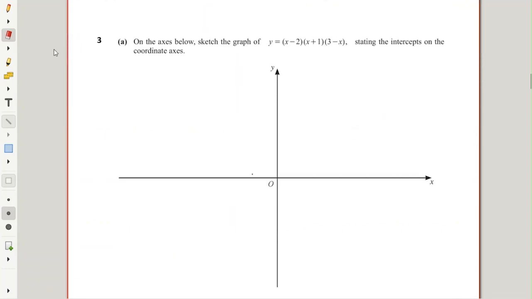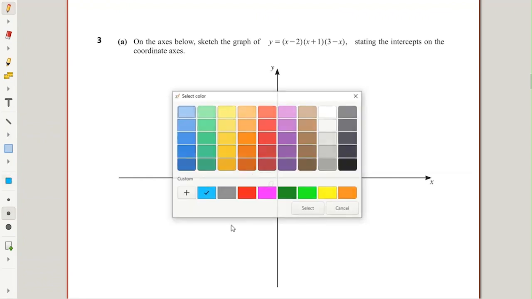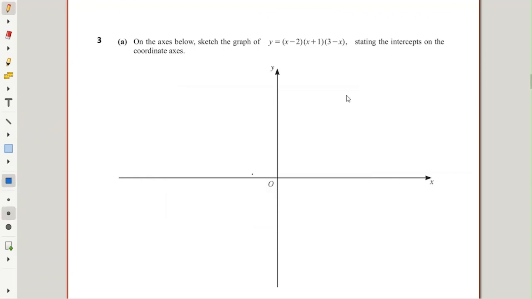Question 3. We are to sketch a cubic graph. Now, the first thing that you're supposed to do is to find either the x or the y intercepts. So here, you just take this one, equate each of the factors to 0.